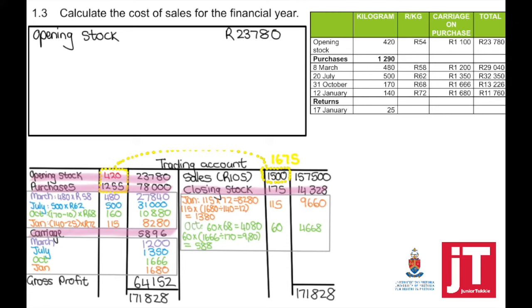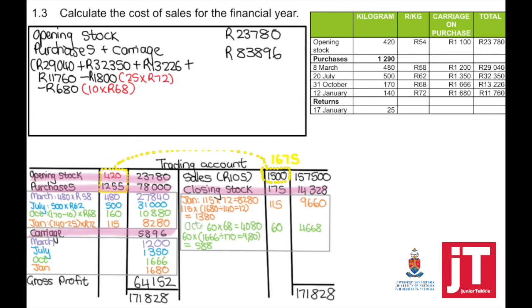Or what you could have done, opening stock plus the purchases and carriage. So you use the totals because this is including the carriage. So it's for March plus July plus October plus January. But now you need to remember that 10 units were donated and 25 units were returned.